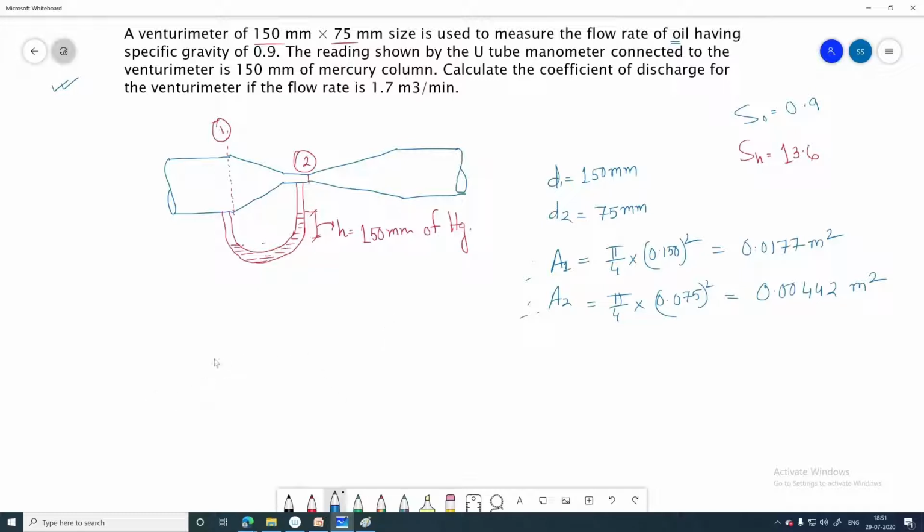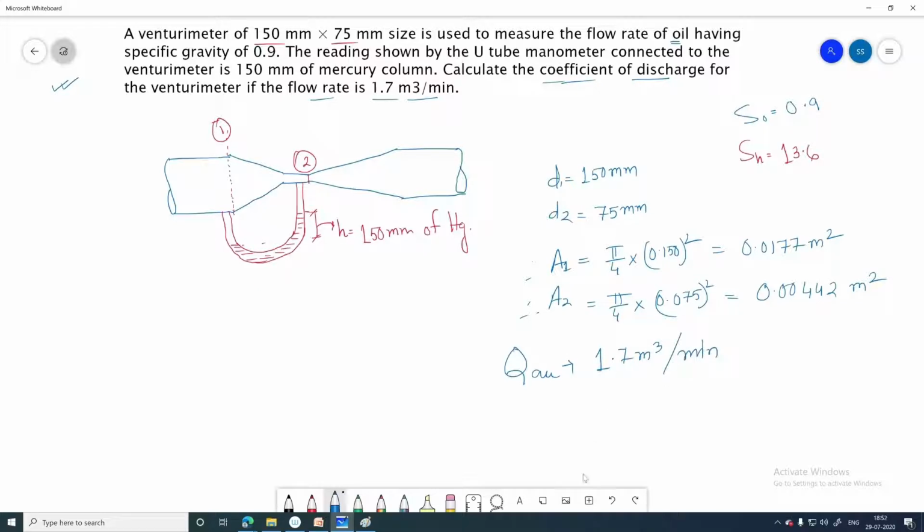What is the final expression to determine the discharge? Here what we need to determine is the coefficient of discharge. That means the discharge would be given. Look, yes, the flow rate is 1.7 meter cube per minute. So the flow rate is actually the actual discharge. So Q actual is given, that is 1.7 meter cube per minute.